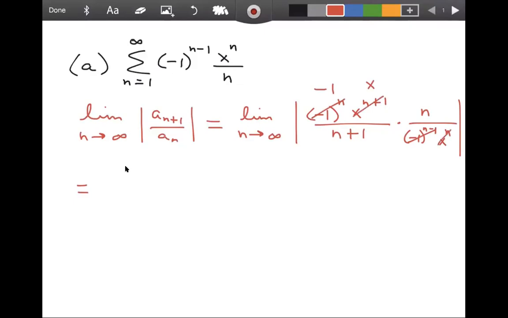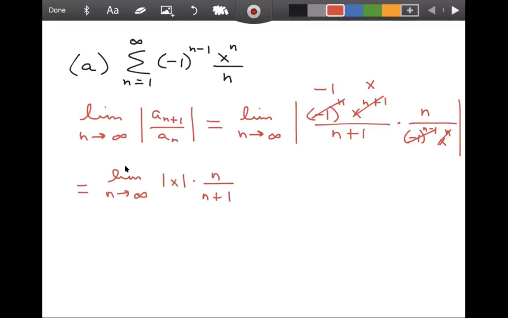All right, so we are left with the limit as n increases without bound. So now I can ignore the -1, and I'm going to have the absolute value of x times n over n plus 1.